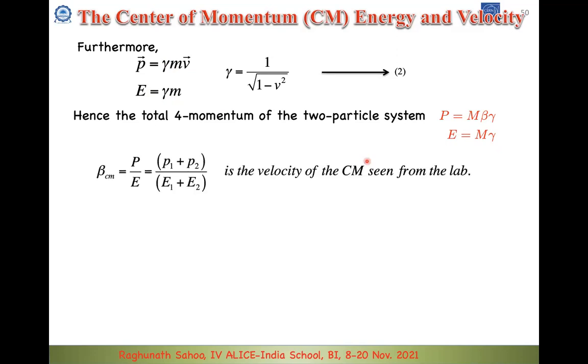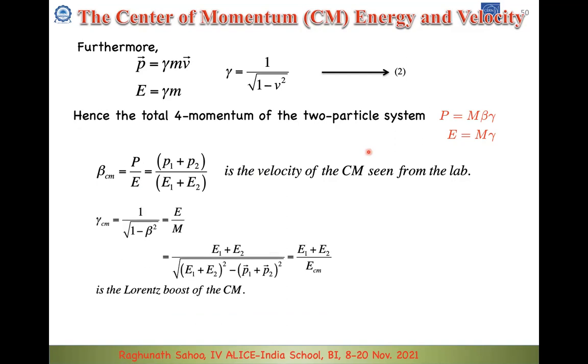So beta by definition is your momentum by energy. If you put your momentum by energy, this will be P1 plus P2, because this is for momentum, and this energy is E1 plus E2. So this is the velocity of the center of mass seen from the laboratory, because now I am talking about this capital P corresponding to the center of mass of the system.